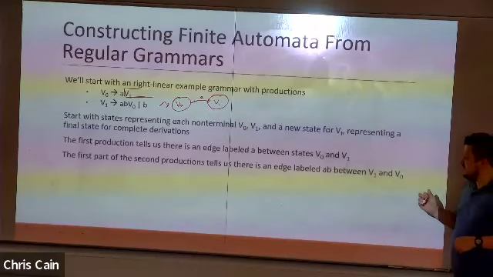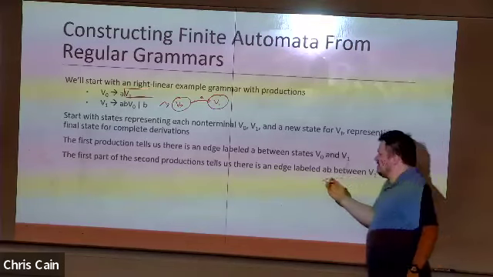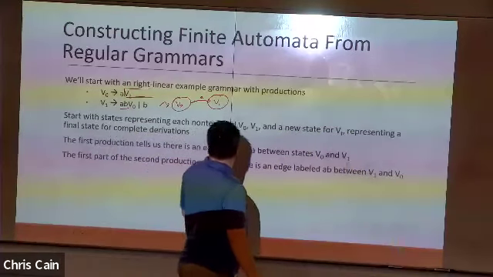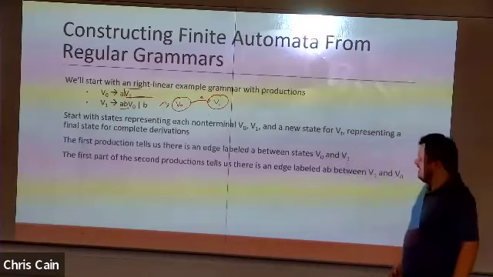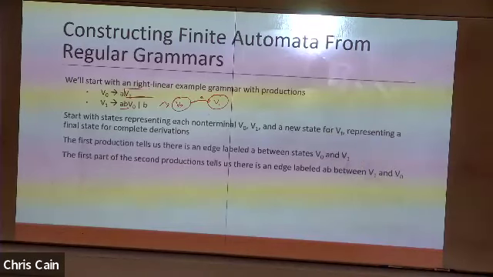First part of the second production tells us there's an edge labeled AB between V0 and V1, right? Since there can be any number of terminals here, there's an edge AB from V1 to V0. How do we make an edge labeled AB? That's not in our finite automata rules for two characters.